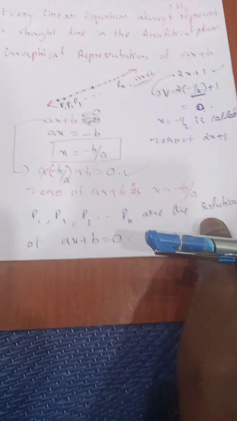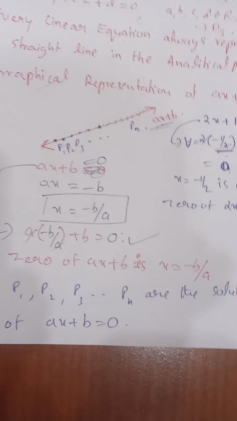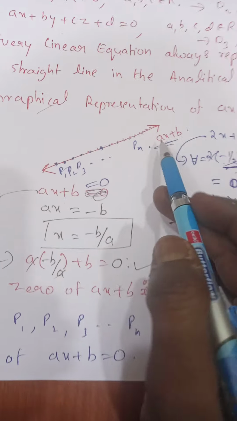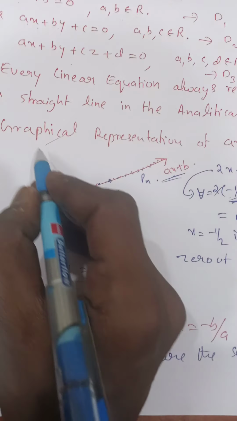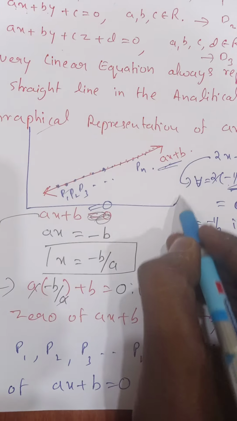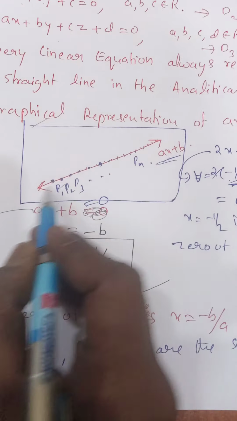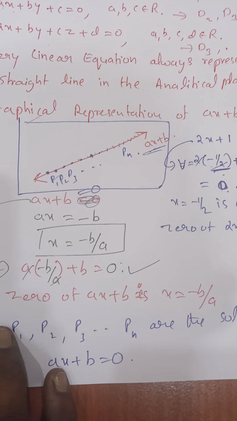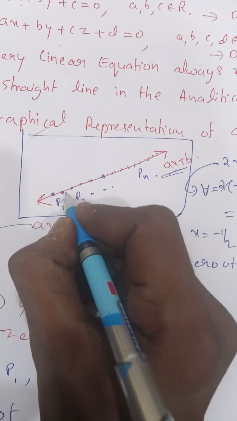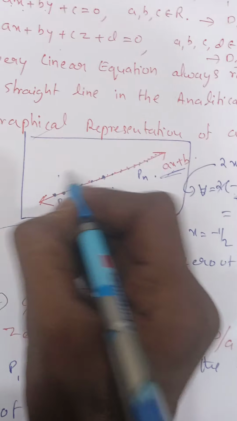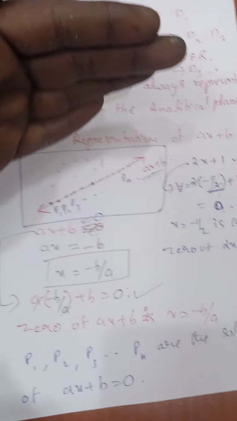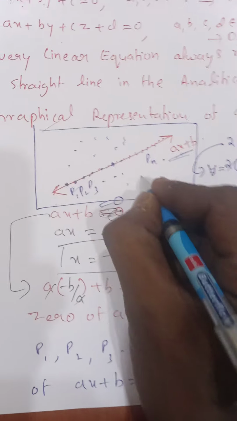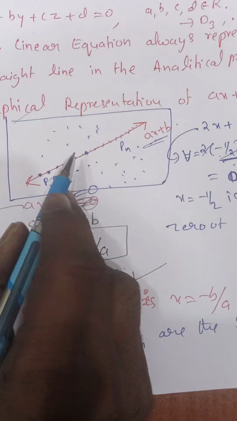Now what will happen? We can see clearly here. If you draw the line in the plane, look here. This plane is divided by the line into three mutually disjoint sets of points. One set of points is lying on the line. The other set of points are on the left side of the line, and some more points are external points of this line.